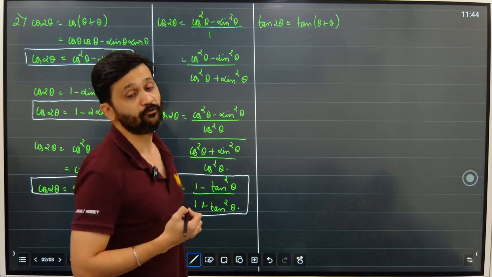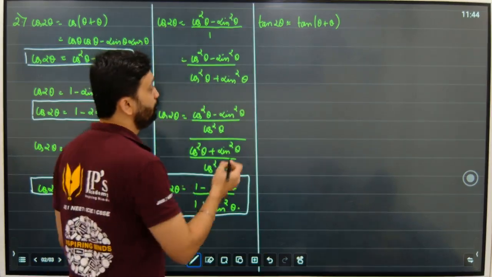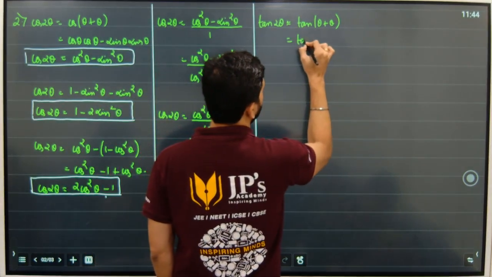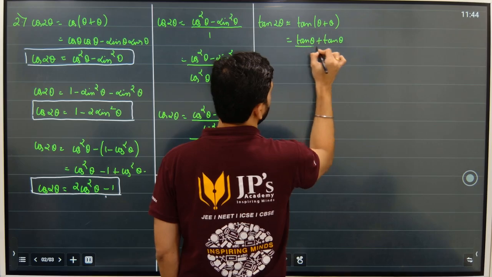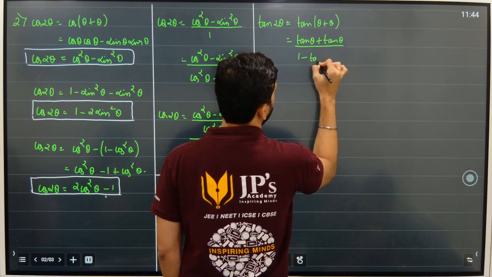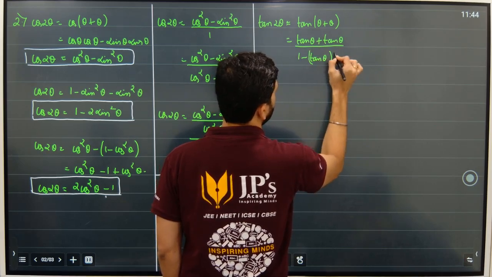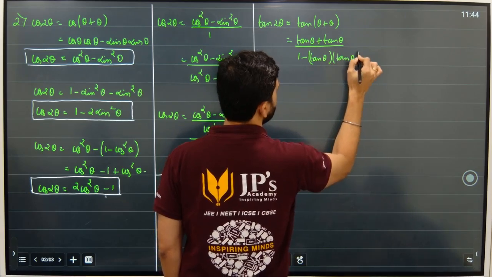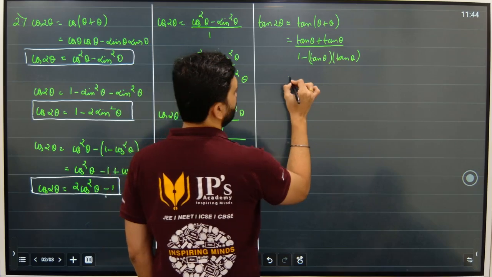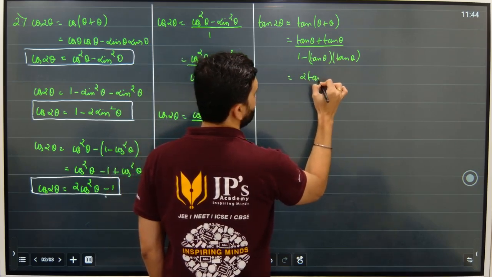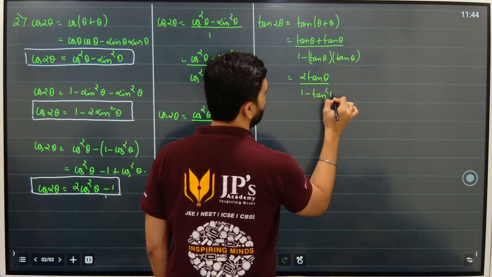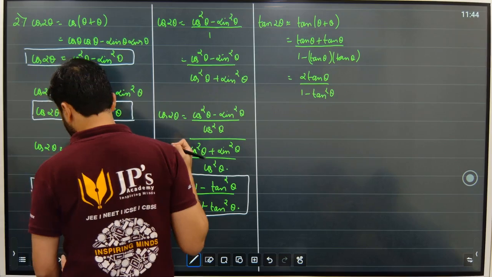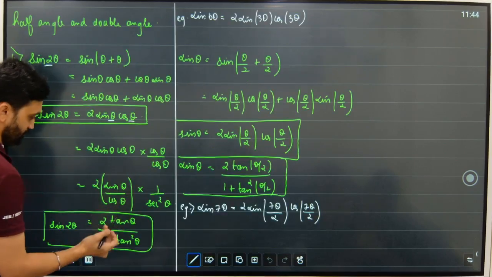We all know the formula for tan A plus B. The formula for tan A plus B is tan A plus tan B upon 1 minus tan A times tan B, and the formula is 2 tan theta upon 1 minus tan square theta. Hey, this looks the same. Look at this.